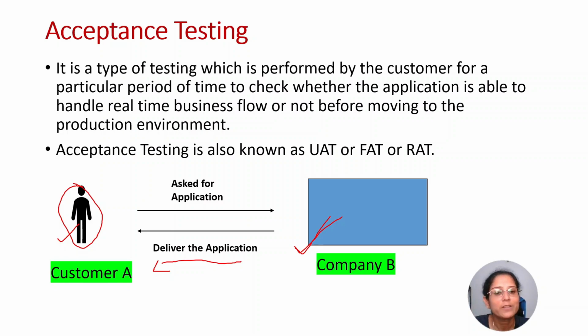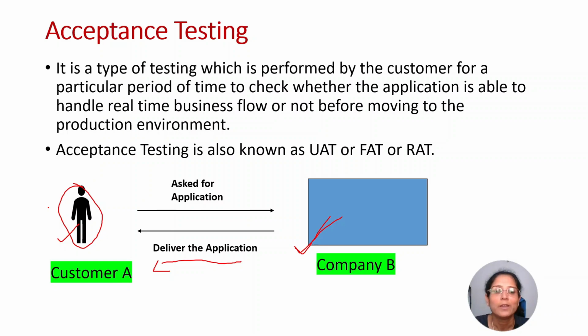On the customer side there will be a group of testers who are the domain experts, and they will know the end-to-end business workflow. So once they get the build from the company, they will start the testing of the application according to the end-to-end business flow, and they will ensure that the application meets the customer requirement whatever they are looking for.